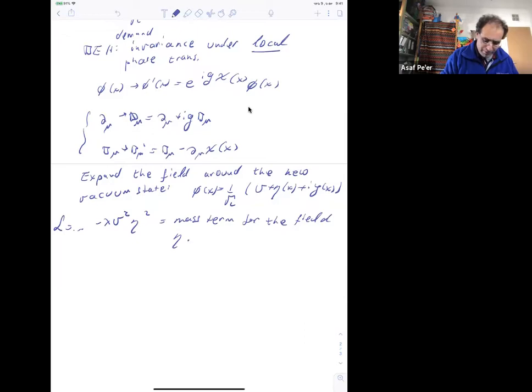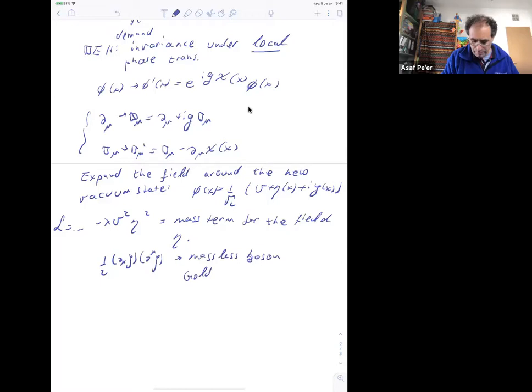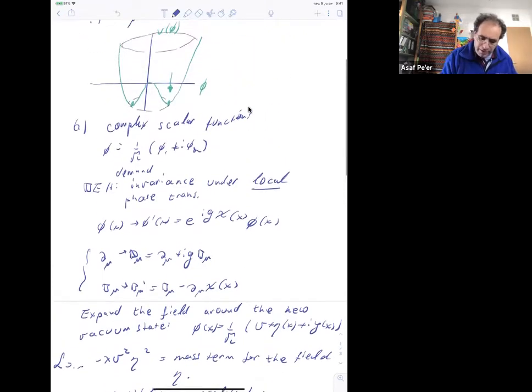We have the kinetic term 1/2 d mu psi d mu psi. There's no mass. This is a massless boson, the Goldstone boson. One corresponds to a change of eta, along the change of the potential, and the psi is along where the potential is fixed.